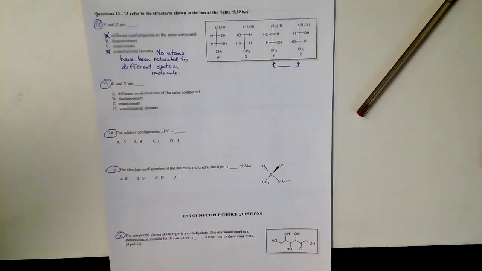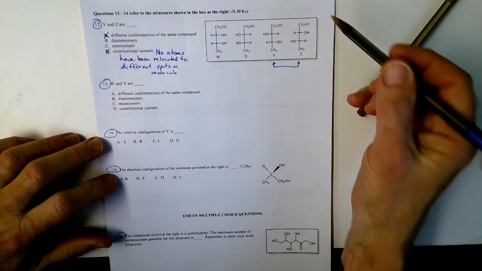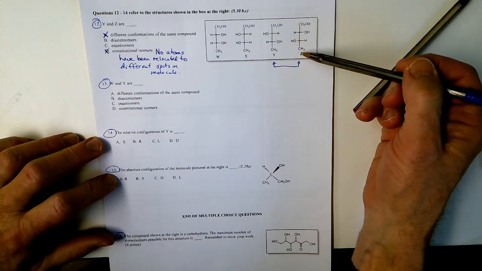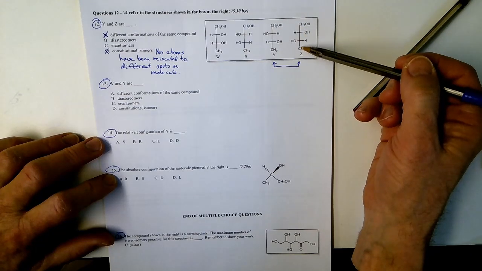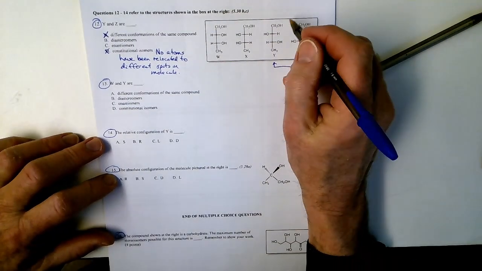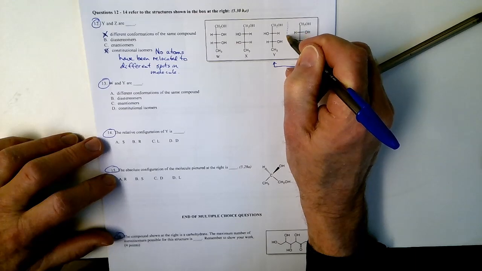Everything between those two is bound in the same order. You got two carbons in the middle. Each one of them has an H and an OH. One of them's got a methyl, one of them's got a CH2OH, same story here. Really the only difference between the two of them is where the hydrogen and the OH sit.